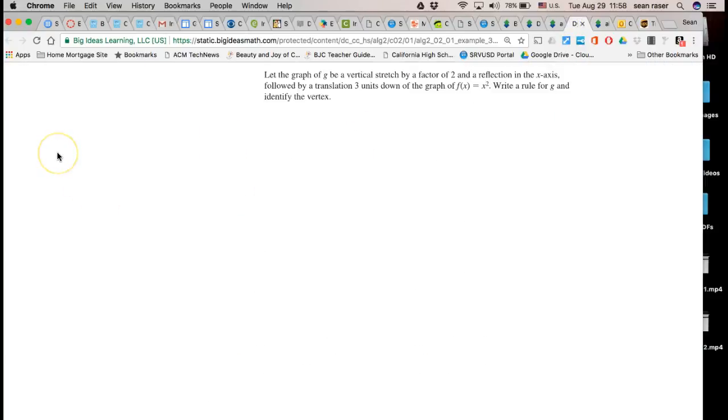So when we're writing quadratic functions, we actually have a form that we can write our quadratics in that is called vertex form. And notice, this is just a form that includes all of the different transformations that we have.